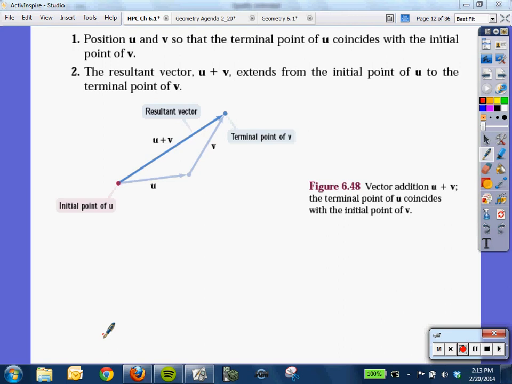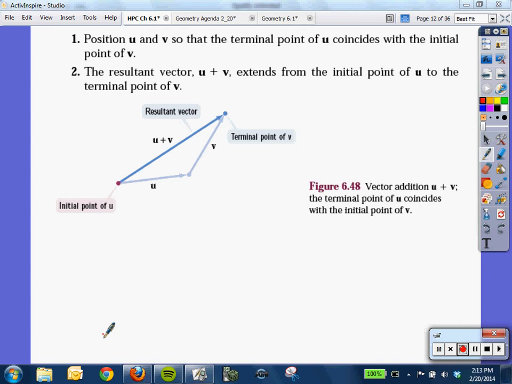So this slide here is all about just viewing the addition of two vectors. This is like the geometric representation of the addition of two vectors. Say we're adding two vectors together, and you want to look at what that looks like visually. You would position vector u and v so that the terminal point of u coincides with the initial point of v.